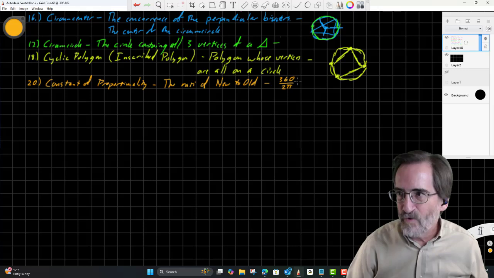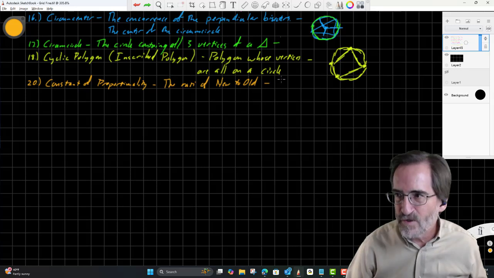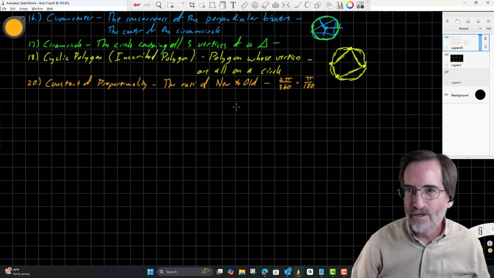Actually, that's going to be radians to degrees. Radians to degrees, yeah. So new to old. New goes on top. So what am I converting to? I'm converting 2 radians. So 2 pi to degrees 360. Or in this case, reduce pi over 180. That's a constant of proportionality for radians to degrees.